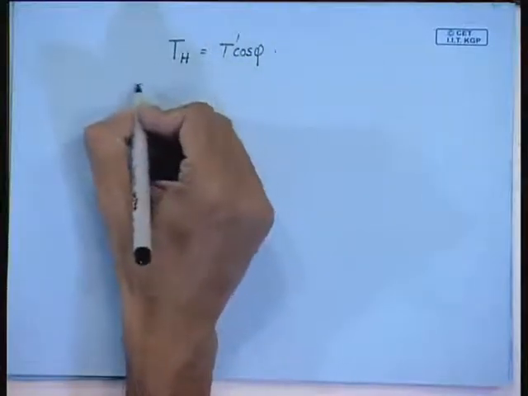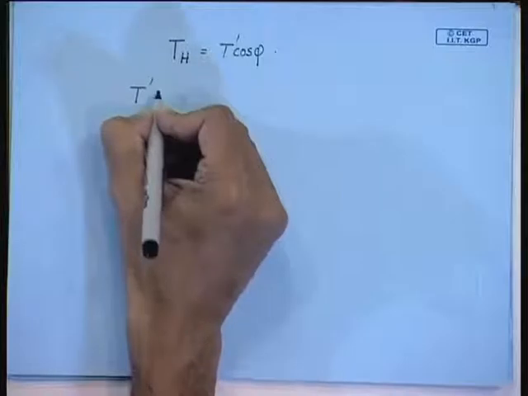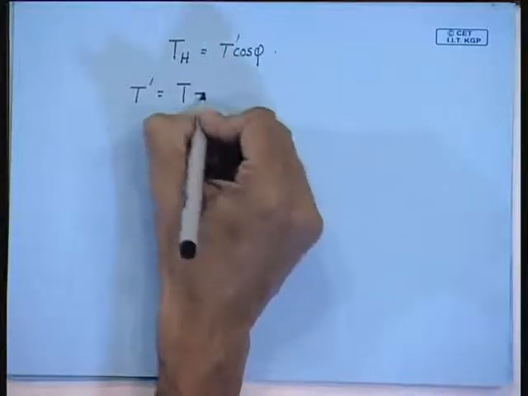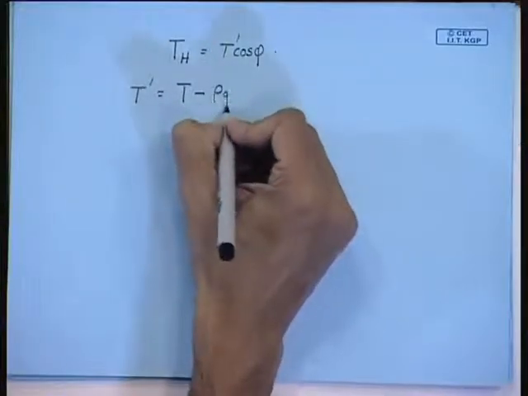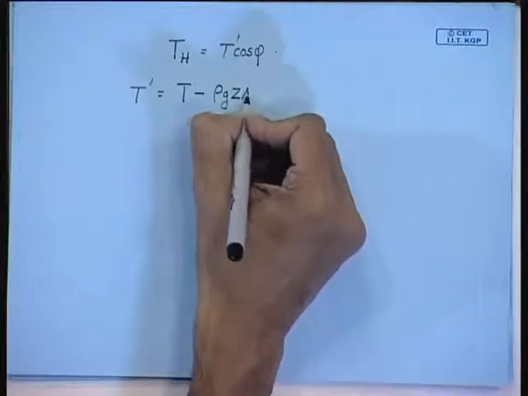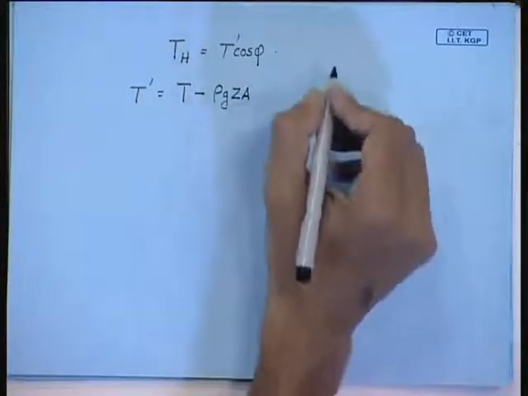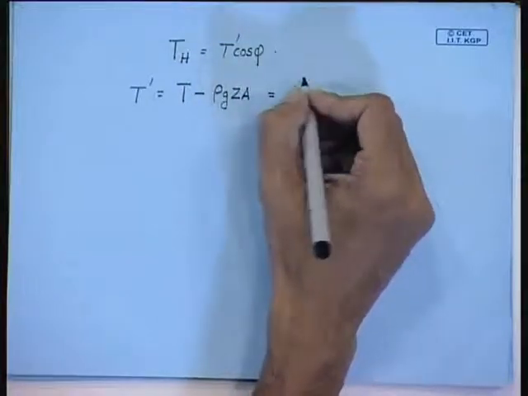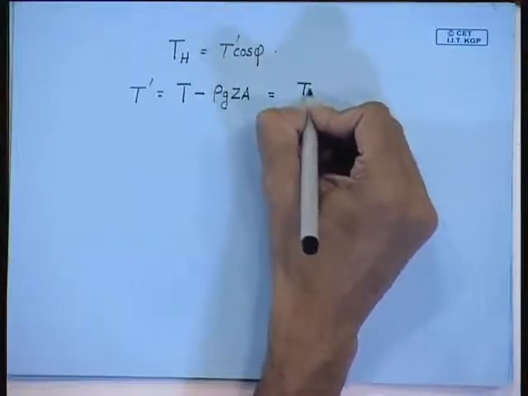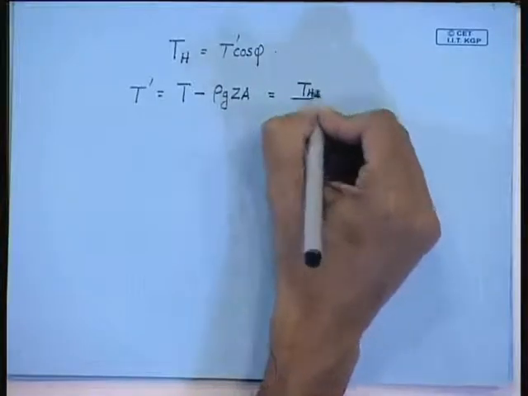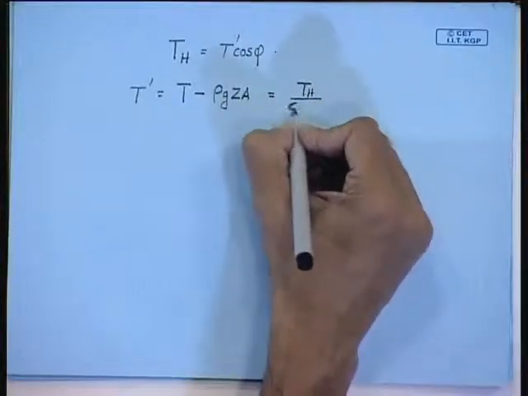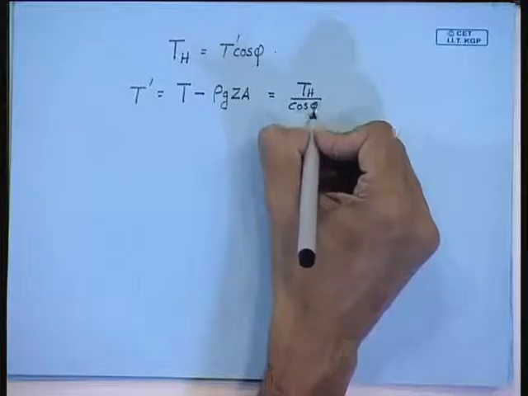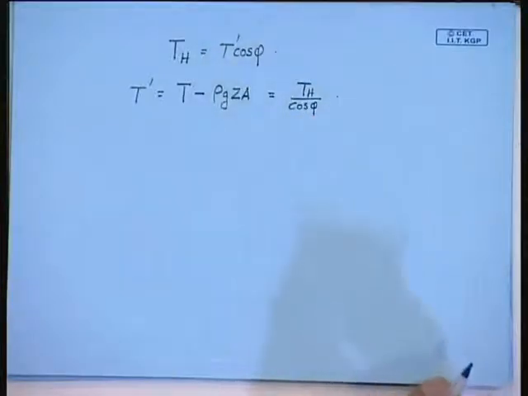Now, this expression for T prime is equal to T minus rho g z a, and this is equal to this TH over cos phi. So, now we are getting this thing, but still our problem is we are getting the phi term.